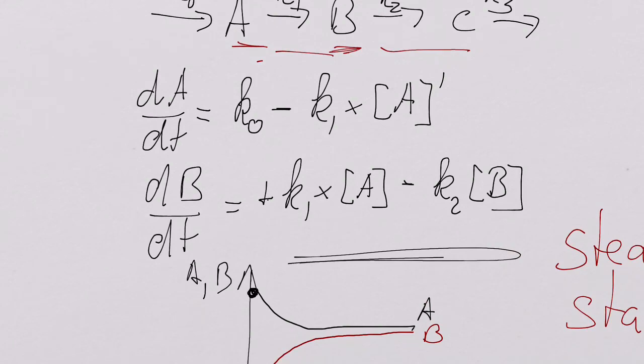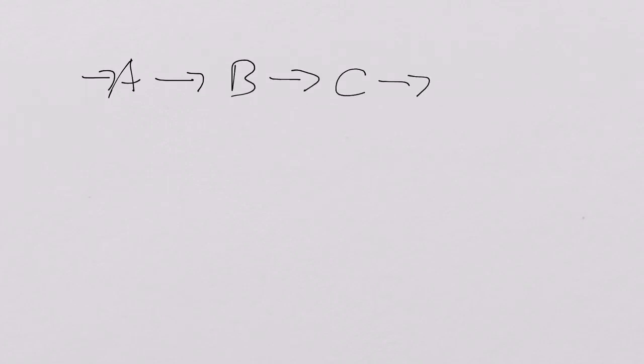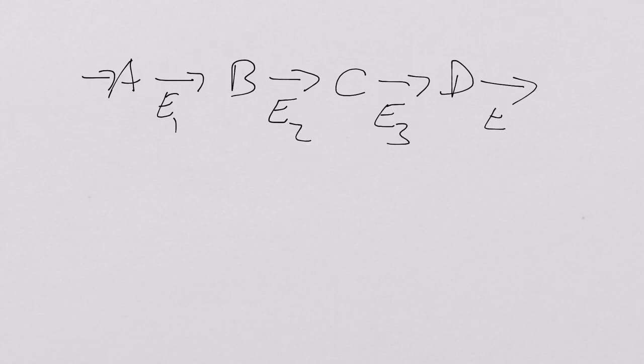So what could happen is that you have, let's say, A to B to C to D, and so on and so forth. And let's not forget, each of these steps is catalyzed by an enzyme. Yeah?